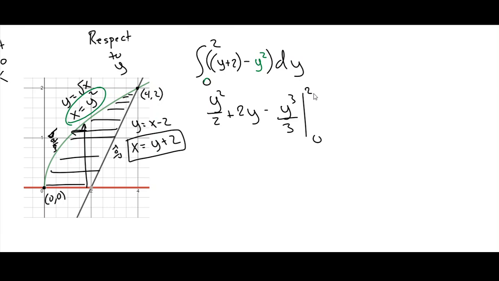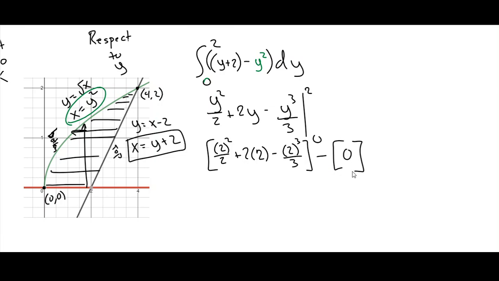Doesn't that look a little bit easier to evaluate? I think it does. So let's go ahead and plug that in here. We're going to plug in 2. We get 2 squared over 2 plus 2 times 2 minus 2 cubed over 3. This, of course, is evaluated again when we plug in 0, but plugging in 0 to all those y's is going to be minus 0.